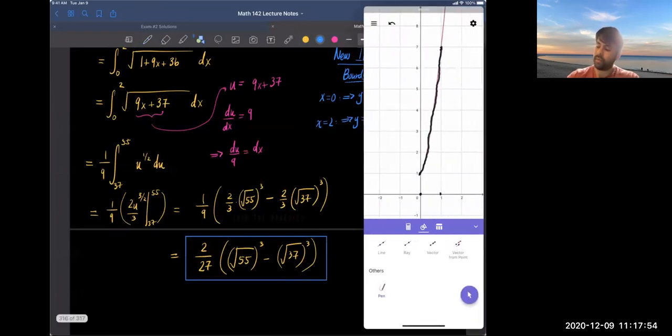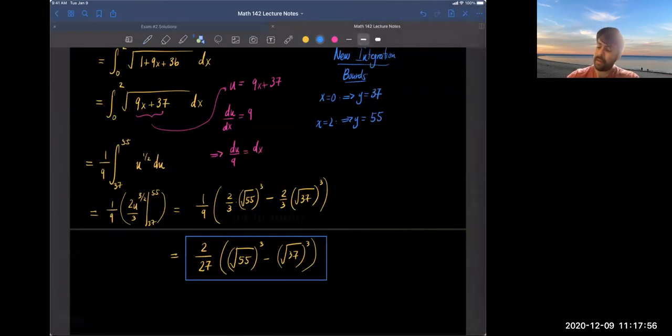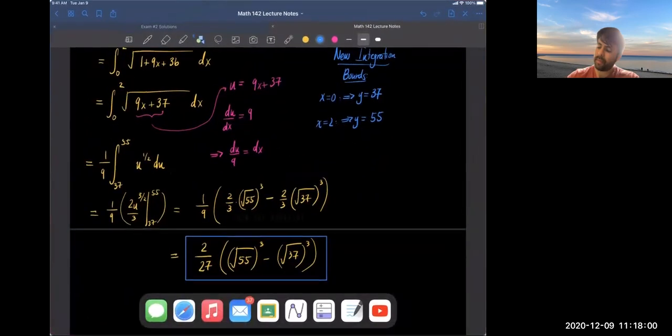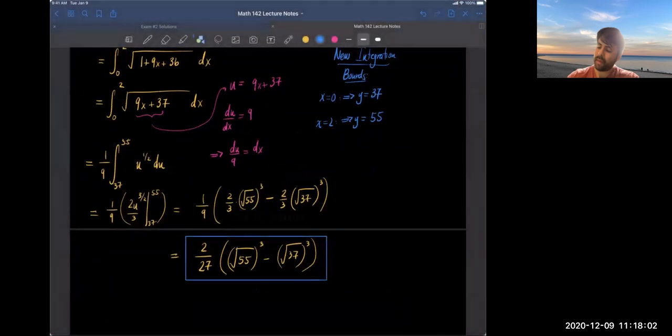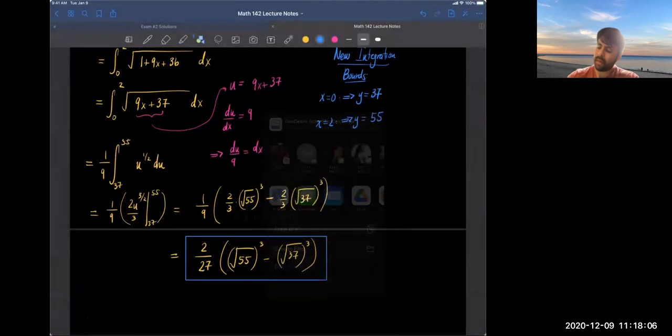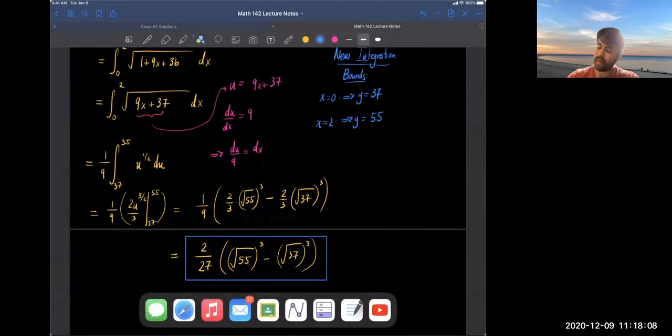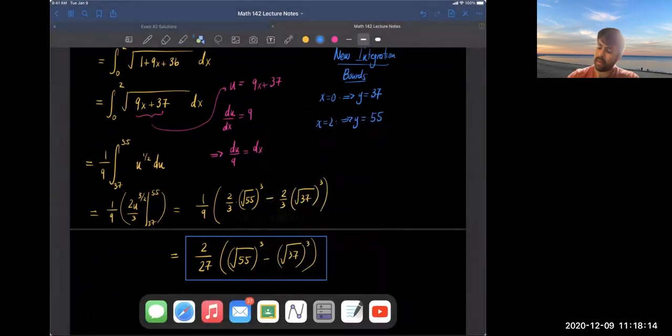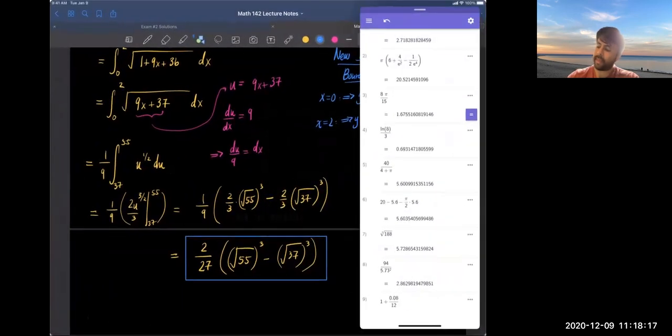And if I were to find the decimal value, sorry about that. I can't open this. There we go.